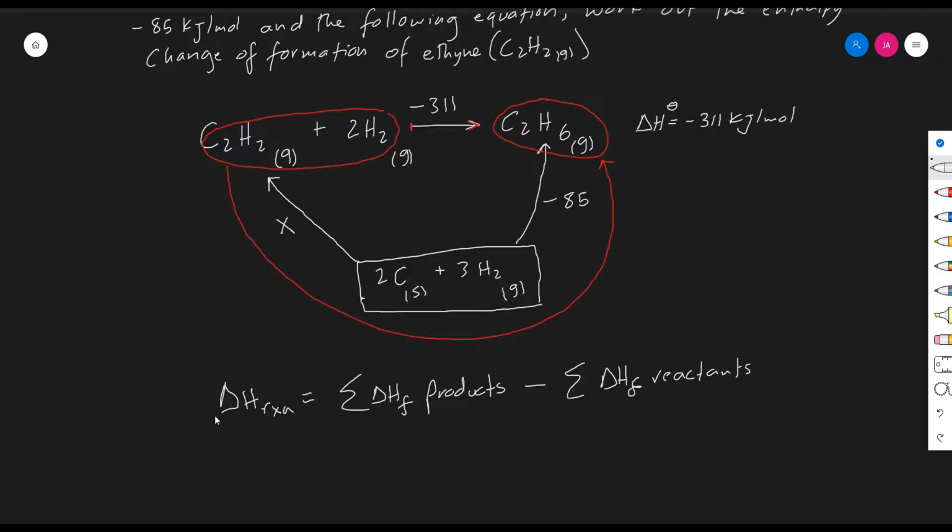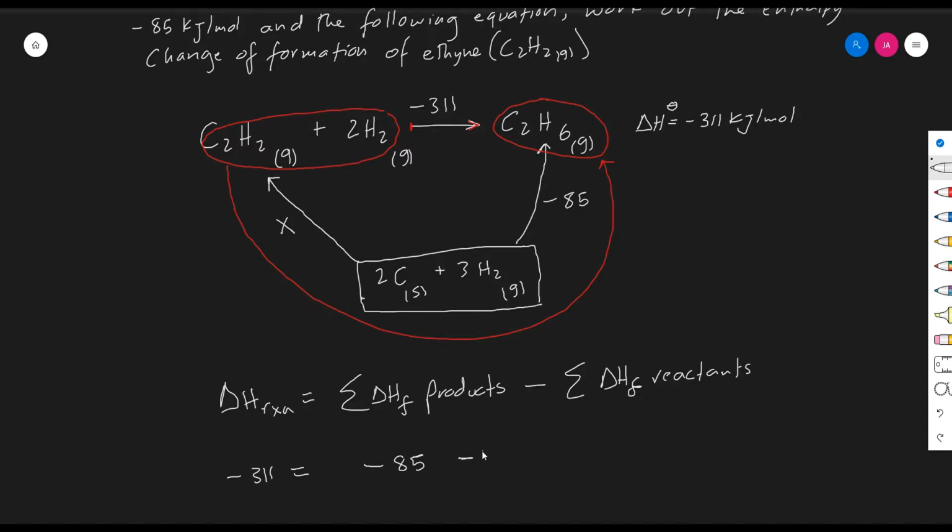Thus, in this case, the enthalpy change of reaction is given as negative 311. The enthalpy change of formation of the products, which is only ethane, is negative 85 kilojoules per mole, which I will subtract from the enthalpy change of formation of ethane, because in this case we'd have to move against the line as stated previously, and thus the sign of this arrow would need to be flipped.